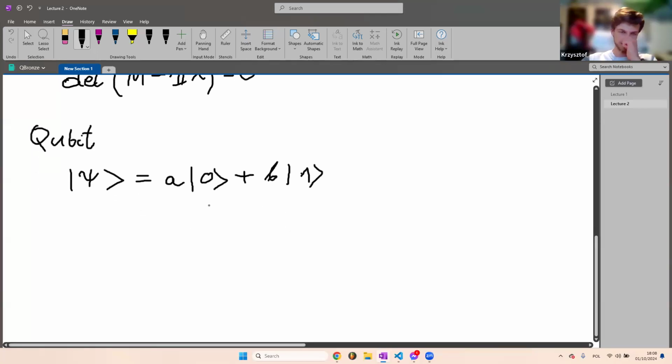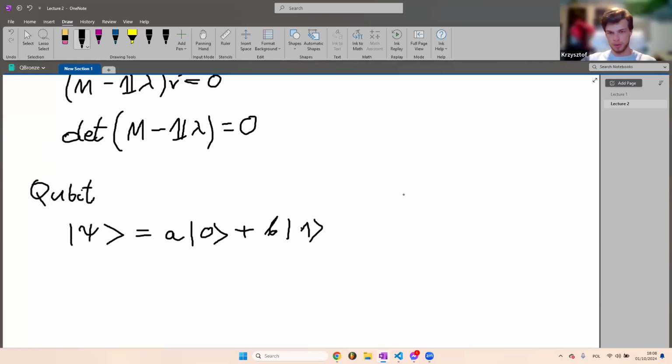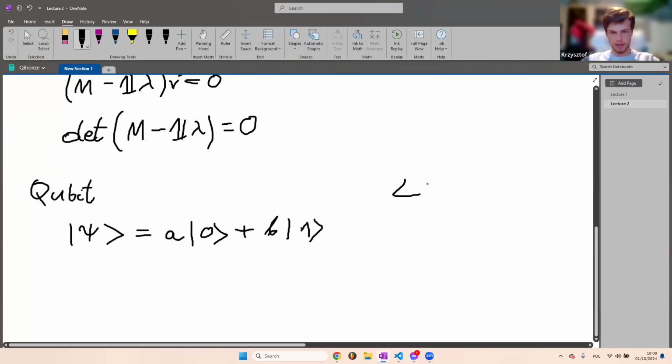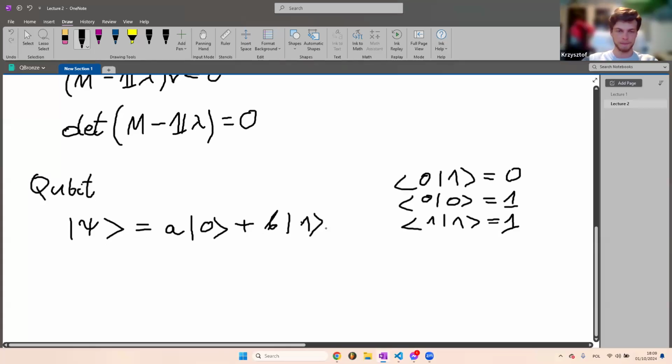And this is in the orthonormal basis, as I explained to you yesterday. So it means that the scalar product of 0 and 1 is equal to 0, and the scalar product of vector 0 with itself is 1, and the scalar product of vector 1 with itself is 1. The lengths of those vectors are 1.